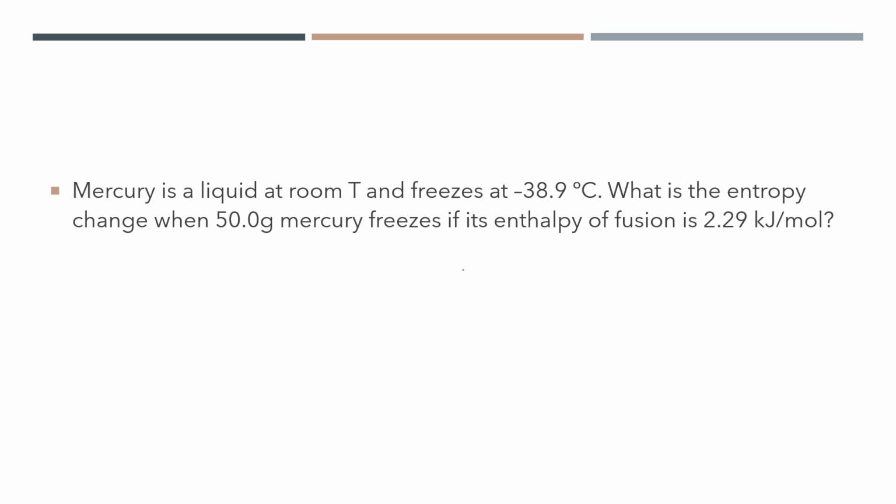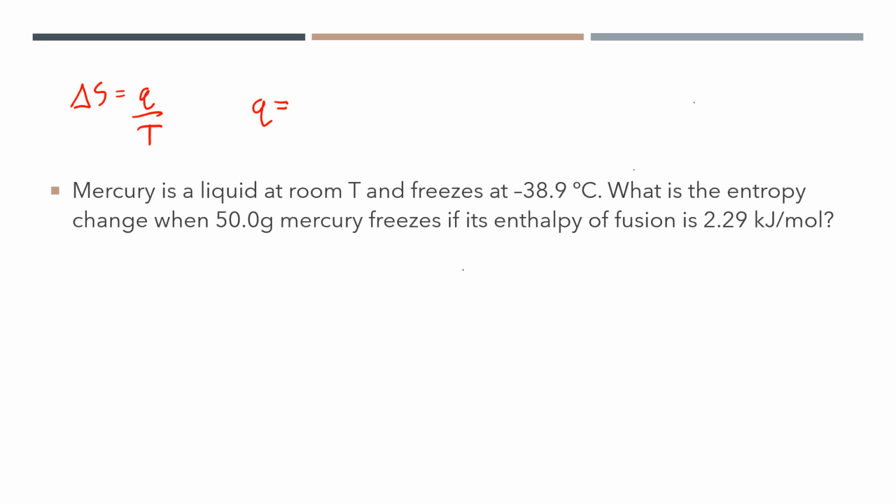Okay, so if you remember the equation, I'll write it up here. Your change in entropy is going to equal your Q divided by your temperature. We have to determine Q. We're not given Q. In this case, we say it's freezing. Freezing is an exothermic process because it's losing energy to the surroundings.